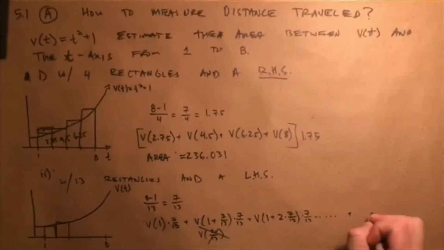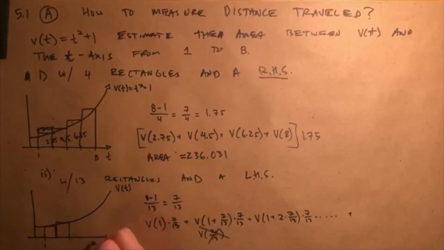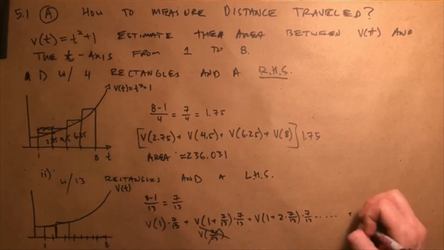Until exhausted from my toils, where is the final rectangle going to be? Well, it's going to be 1, 2, 3, 4, 5, 6, 7, 8, 9, 10, 11, 12. Yes? We're going to have our 12th rectangle.